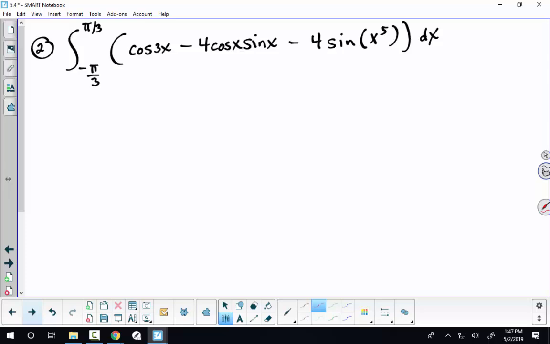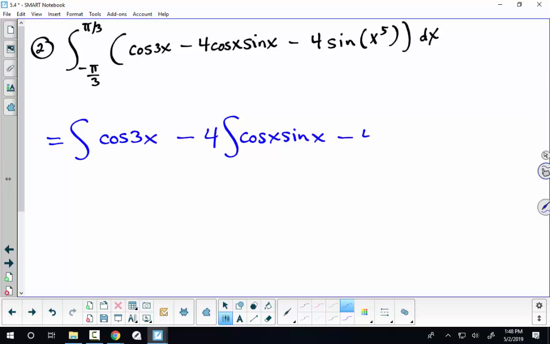So really, the first thing to notice is it's a symmetric interval. I'm going from negative pi over 3 to pi over 3. And I want to break all of this up. So I want to look at these individually. I want to look at it as the integral of cosine 3x, minus 4 times the integral of cosine times sine, minus 4 times the integral of sine of x to the 5th.